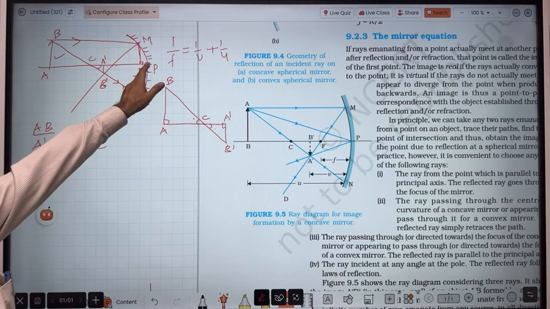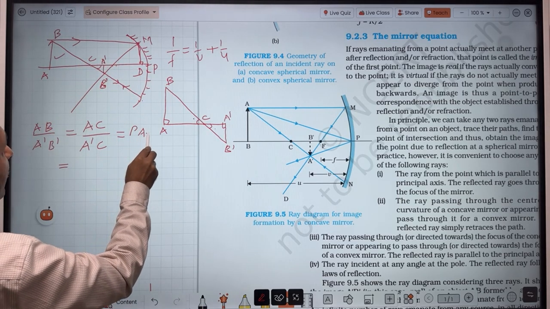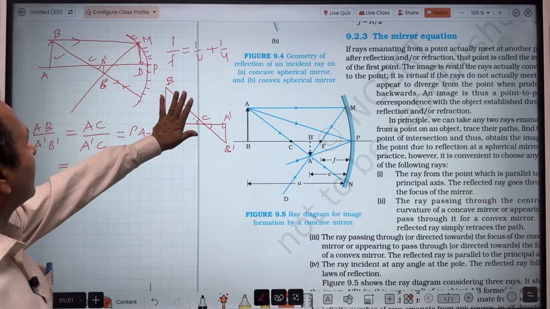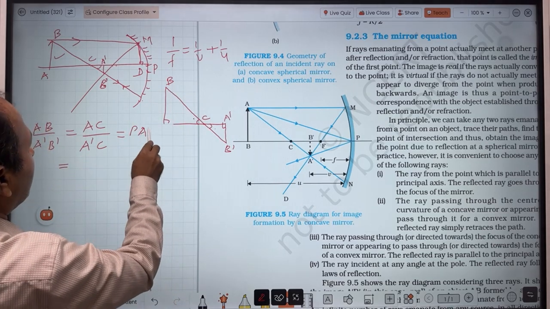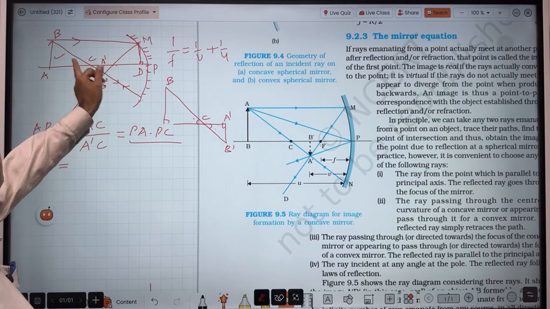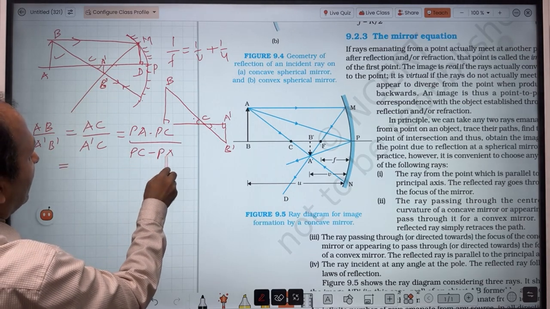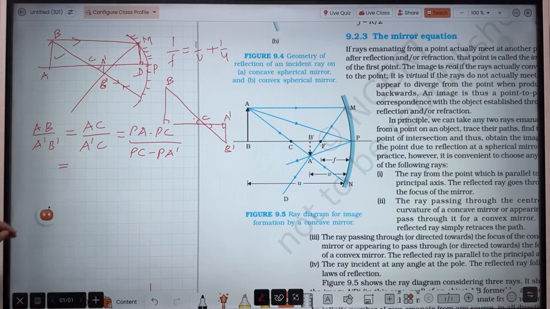AC we can write starting from point P. So we can write PA minus PC, divided by A dash C. A dash C means PC minus PA dash, right? So up to here there is no problem.